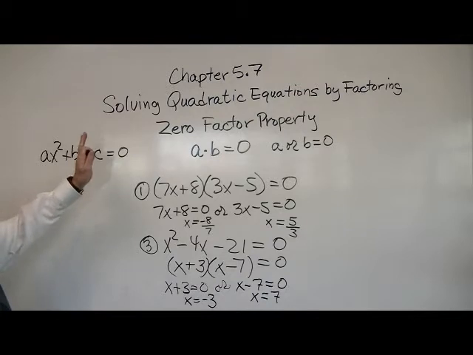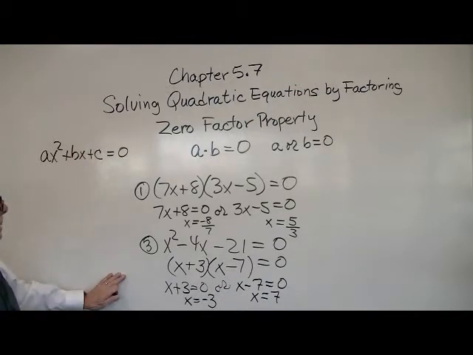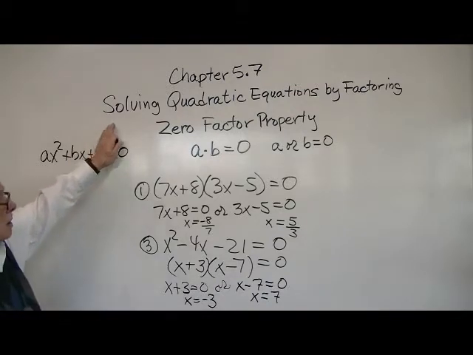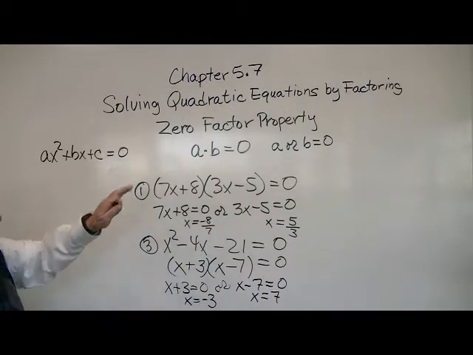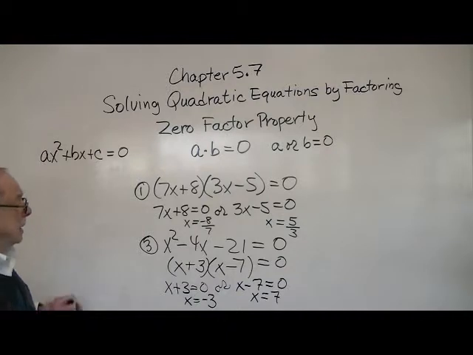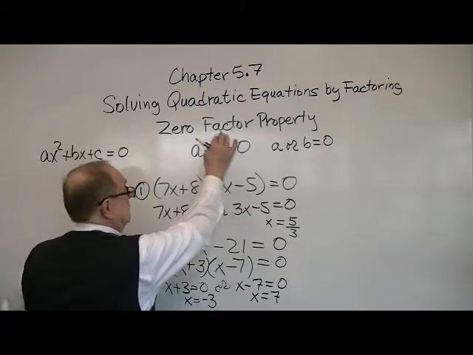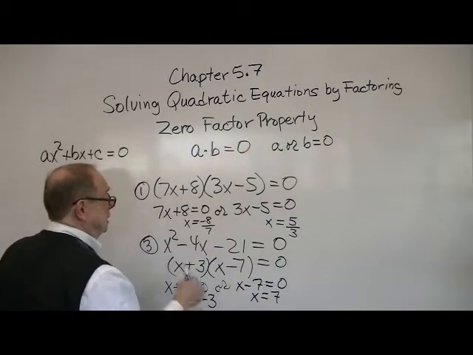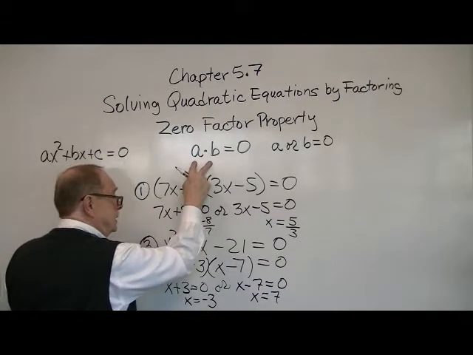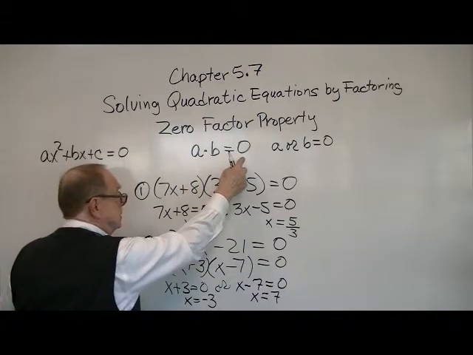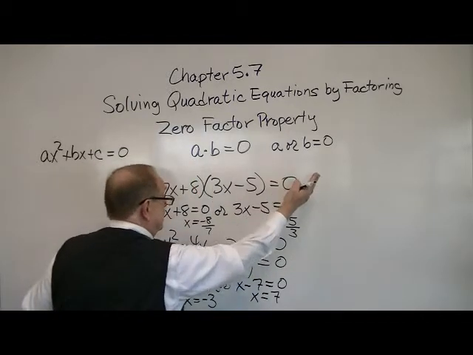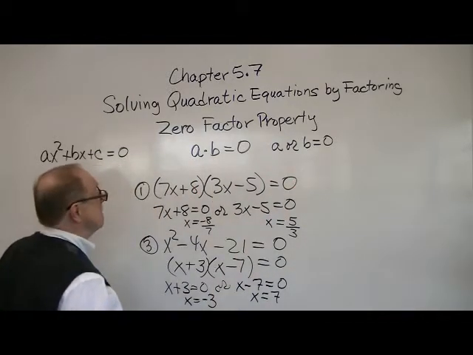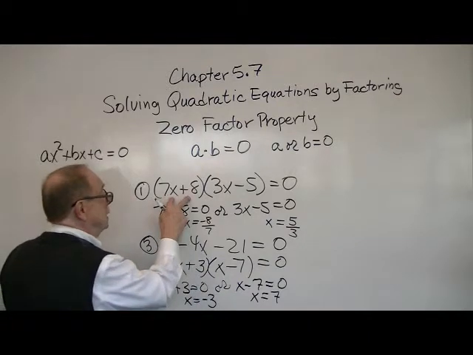So again, in summary of this part, we're going to solve quadratic equations that are in standard form by factoring. And for this, we use the zero factor property, where in order for this side to equal 0, one of these factors has to be 0, or they both are. So we want to find out what makes this a 0.